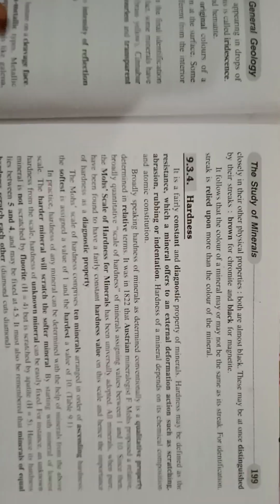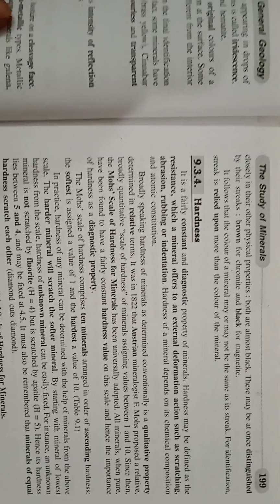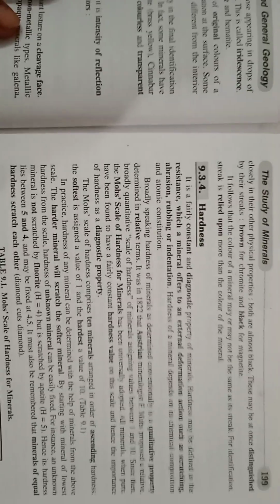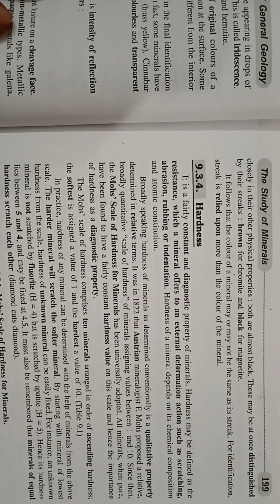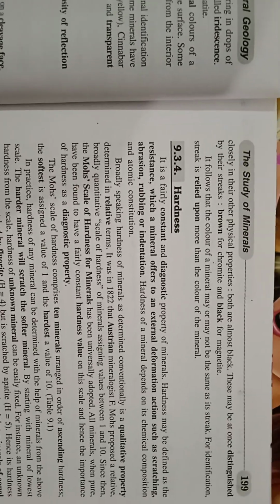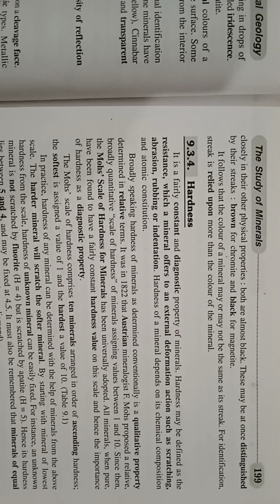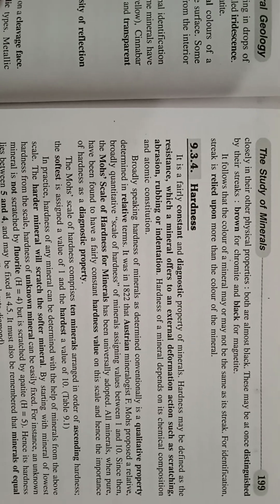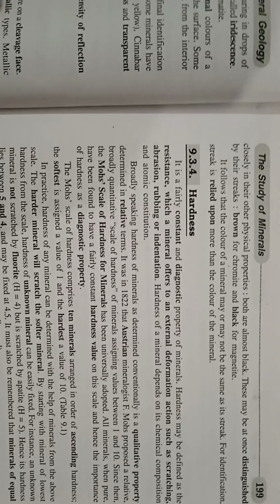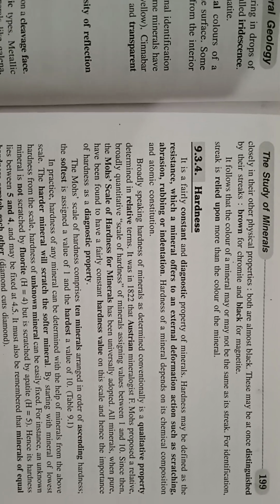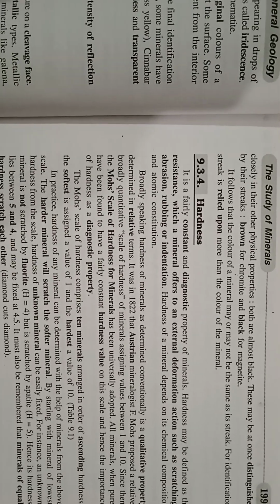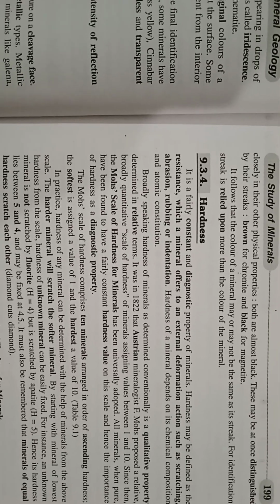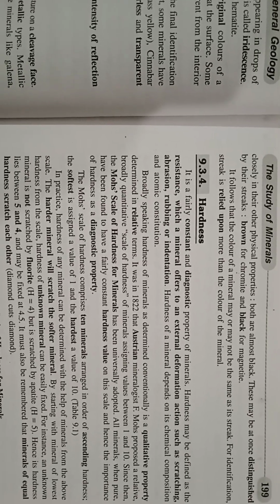These may be at once distinguished by their streak: brown for chromite and black for magnetite. It follows that the color of a mineral may or may not be the same as its streak. So for identification, streak is relied upon more than the color of the minerals.